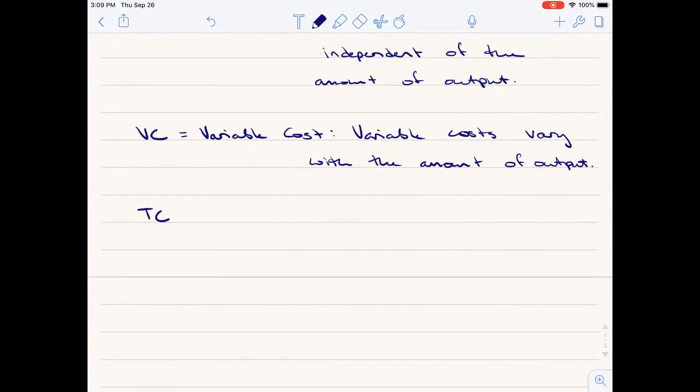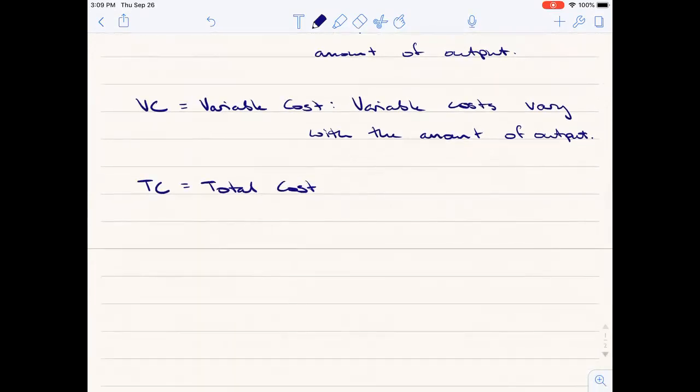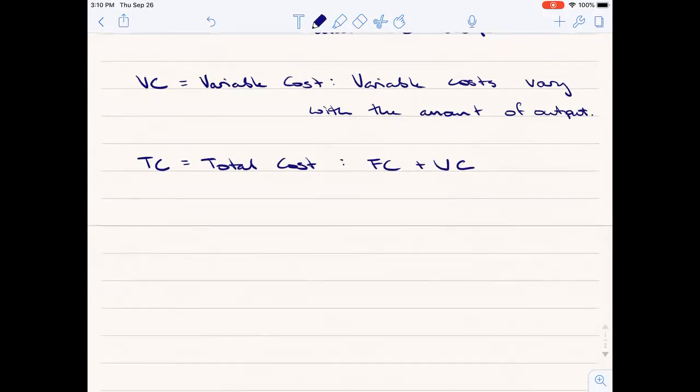TC is the total cost, which is just going to be your fixed cost plus your variable cost. So your total cost is all your costs together. There are no other costs. They're either fixed or variable, and those are your only options.